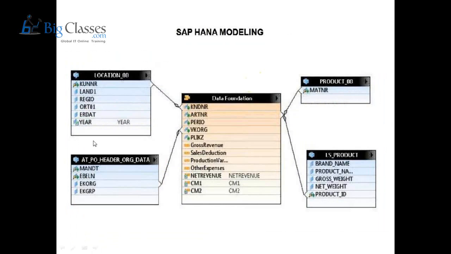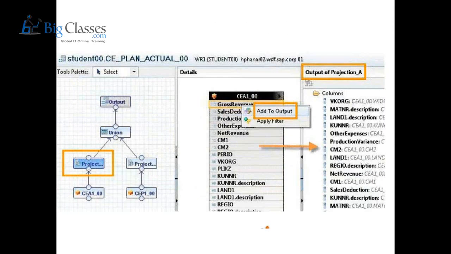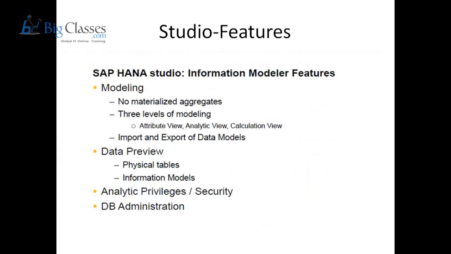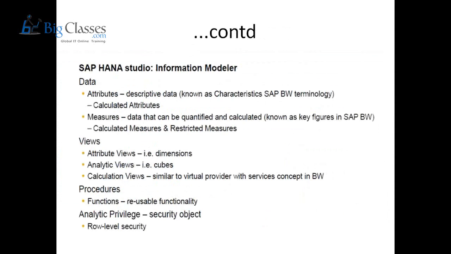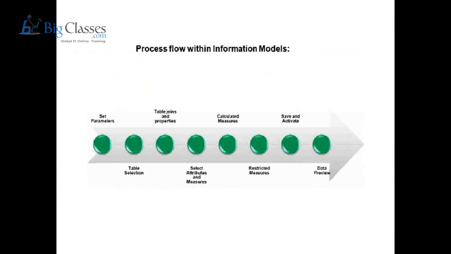So the fact table will be combined with a multi-dimensional table, so that it works like a star schema, right? And this is the calculation view. We combine multiple star schemas together to create a calculation view. This is actually your graphical calculation view, and there is another mechanism called SQL calculation view that we will be creating.